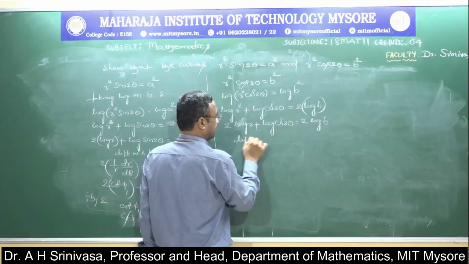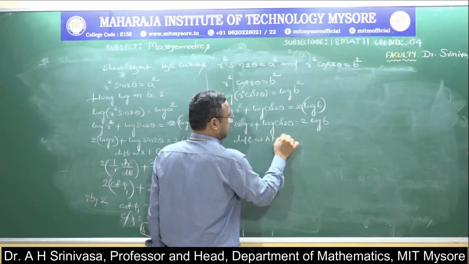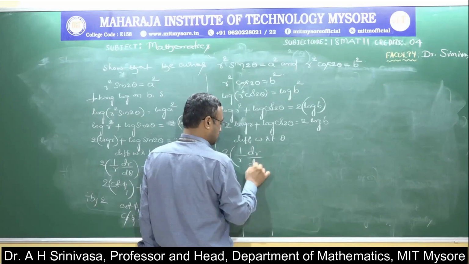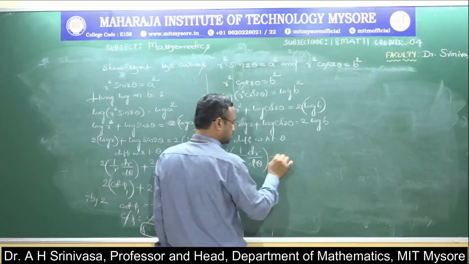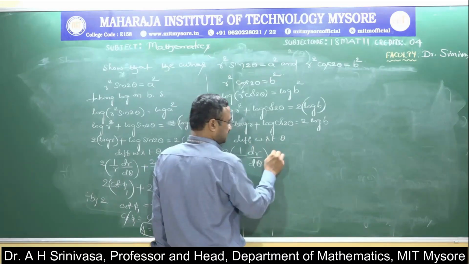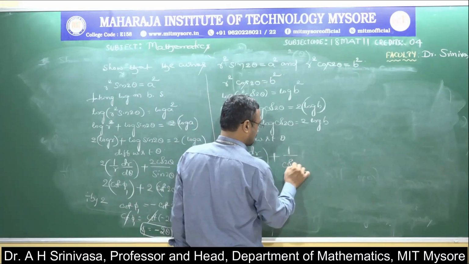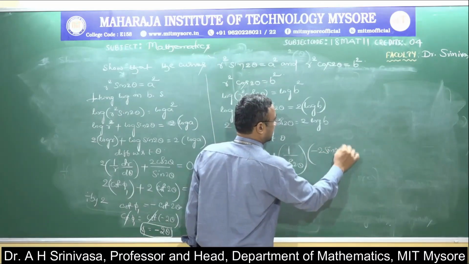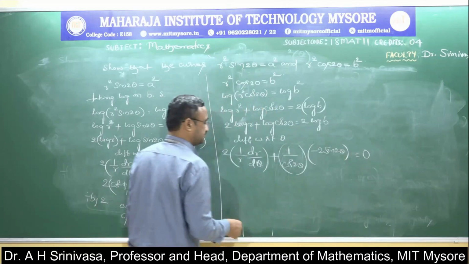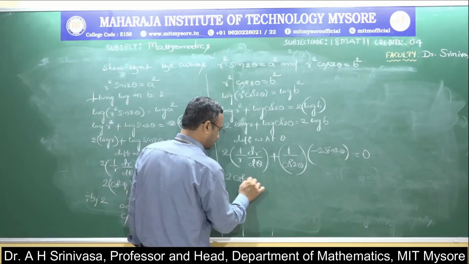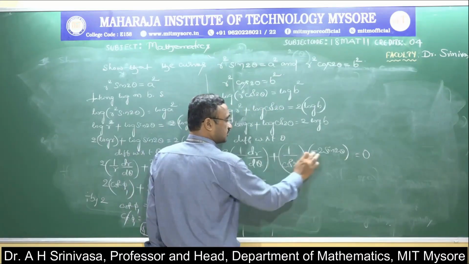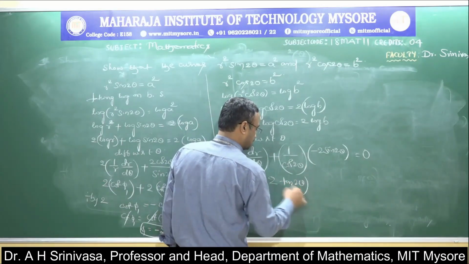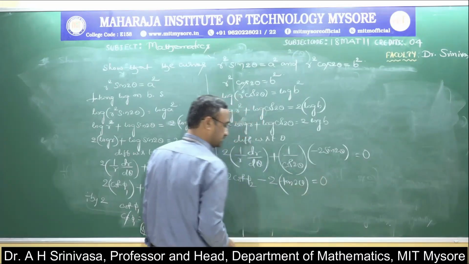Now differentiate with respect to theta. This becomes 2 times 1 by r dr by d theta. Now the differentiation of this one is 1 by cos 2 theta into minus 2 sin 2 theta should be equal to 0. This is 2 cot phi 2 plus minus 2 tan 2 theta equal to 0.